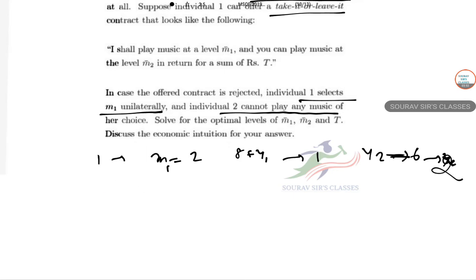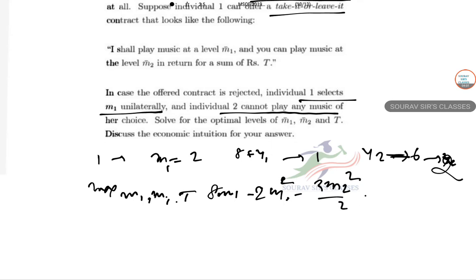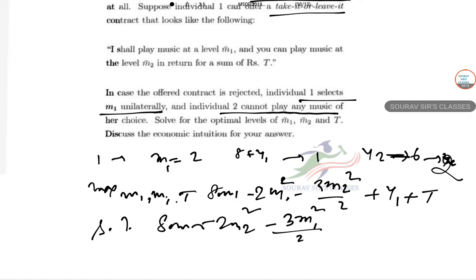So the optimal contract would be the solution of the problem: max over M1, M2, T of 8M1 minus 2M1 square minus 3M2 square by 2 plus Y1 plus T, subject to 8M2 minus 2M2 square minus 3M1 square by 2 minus T greater than or equal to minus 6.